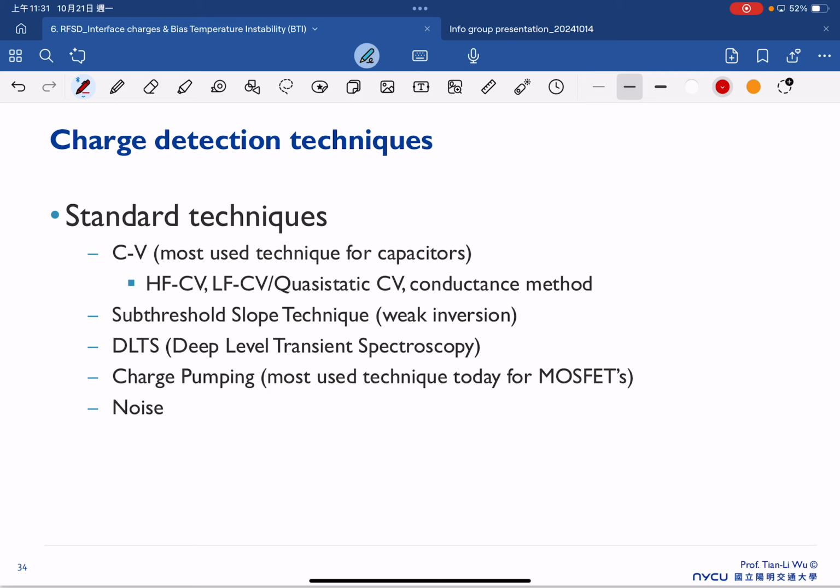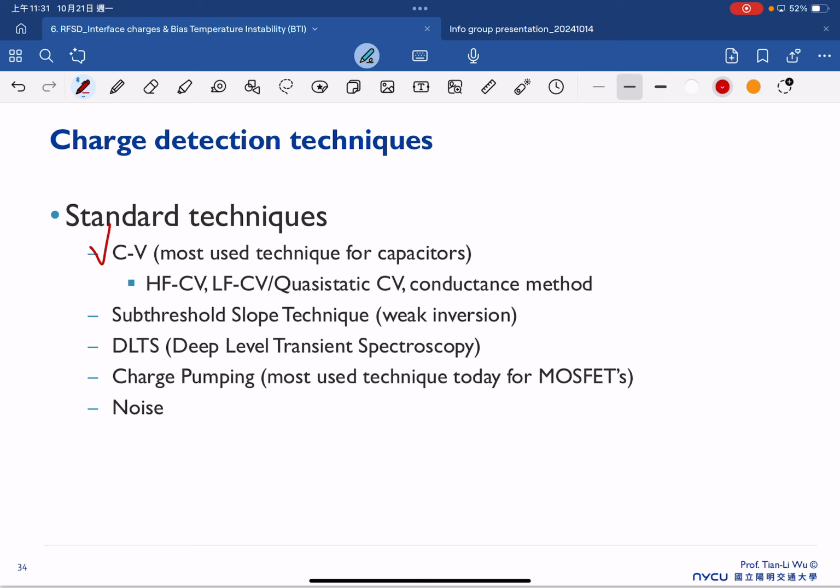So there are several standard techniques here. The first one is the CV, which is the most popular one. That's very, very important. The CV measurement, when you first listen to it, mainly comes from semiconductor physics.